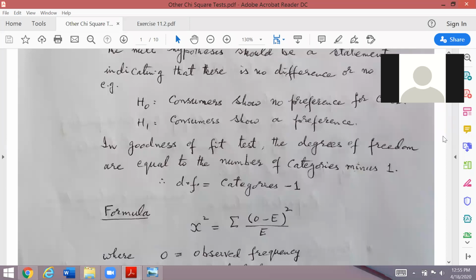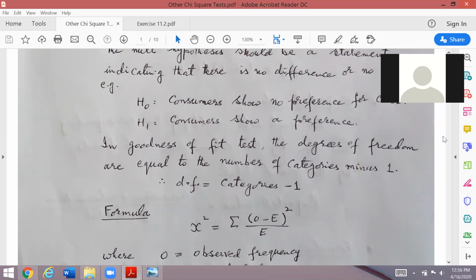So it is good that one thing will be very easy for you, and it is always helpful whenever a right tail comes in the chi-square distribution, because then you directly see the value of alpha against the degree of freedom from the table. You are not to divide alpha by 2. You are not to subtract the value of alpha from 1.